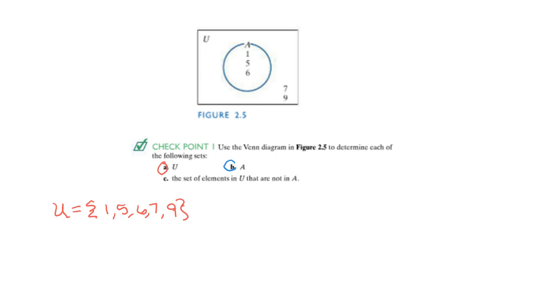Then I'm going to look at part B, and they want us to define set A. Remember, set A is everything contained inside the circle. So that is going to give me 1, 5, 6.